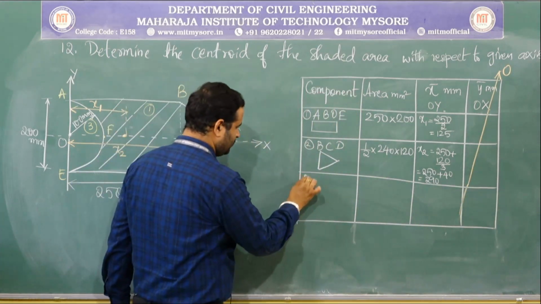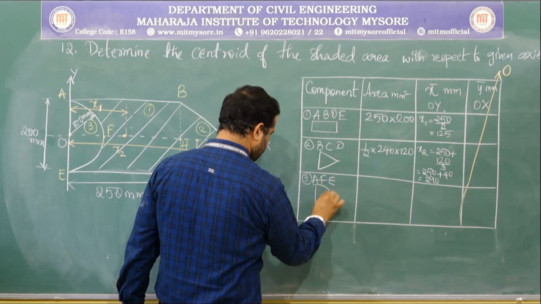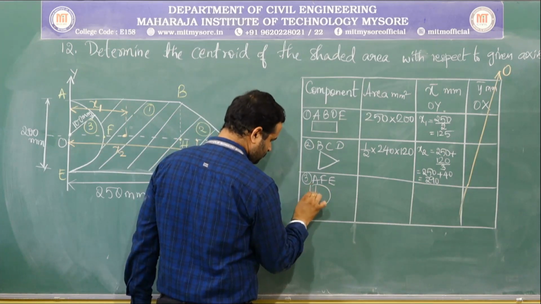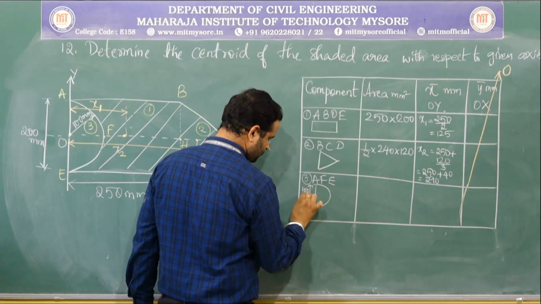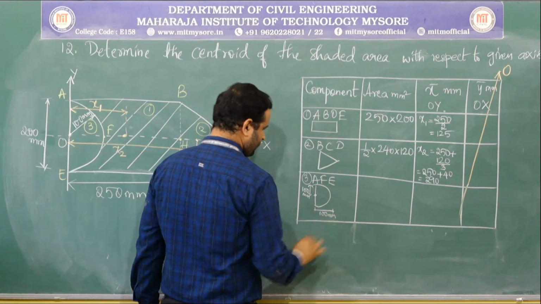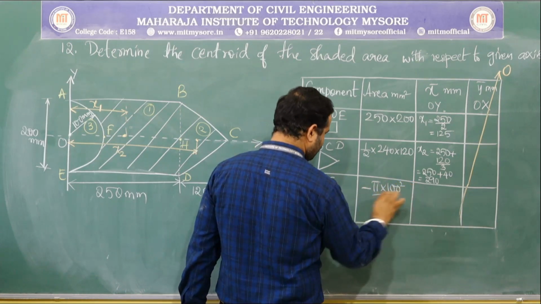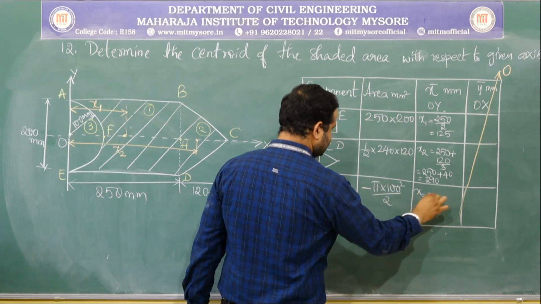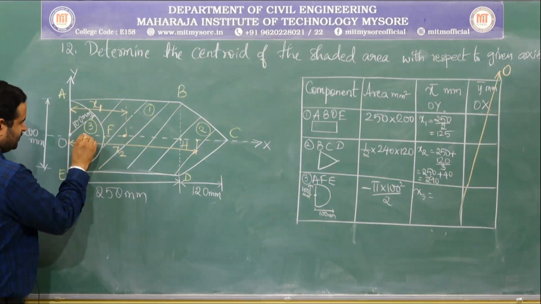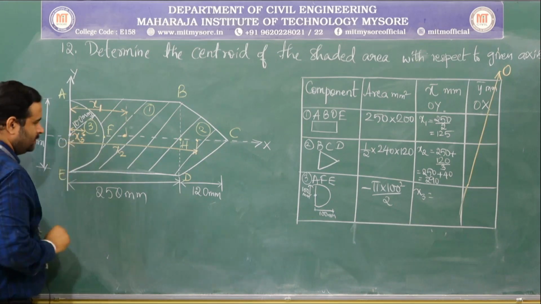Next, coming to the last component, component 3, which is a semicircle AFE. Its radius is 100 mm. Its area is minus pi into 100 square by 2, and x3 is equal to, so centroidal component of semicircle or component 3 with respect to this axis is nothing but x3.